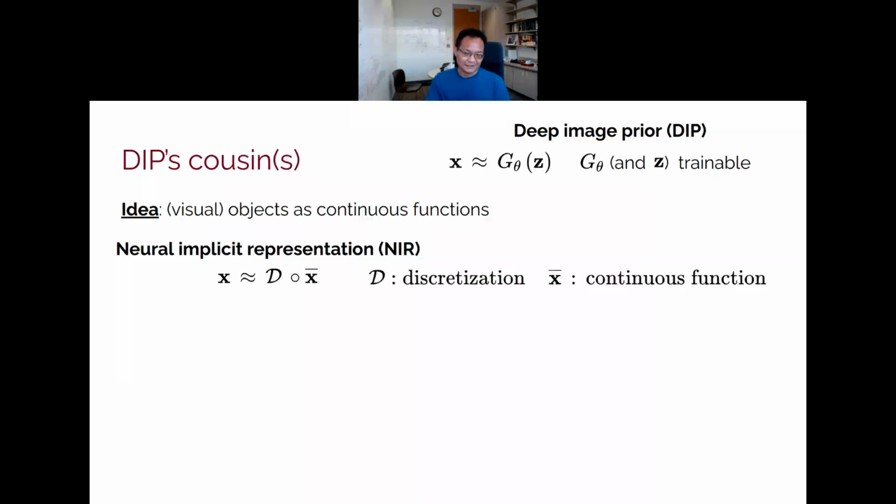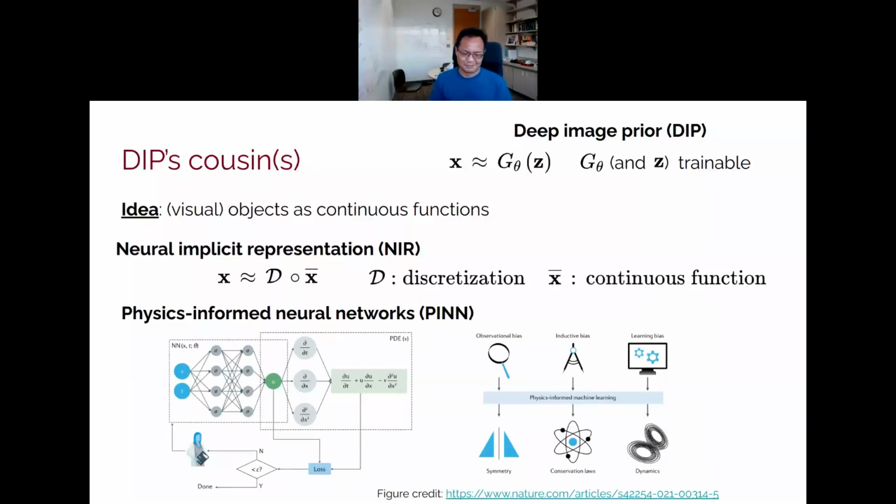This family of ideas in computer vision is called neural implicit representation. But I'm sure some of you come from an applied math background, especially numerical PDEs, where people have other names for it. It's called a physics-informed neural network, which is basically the same idea.